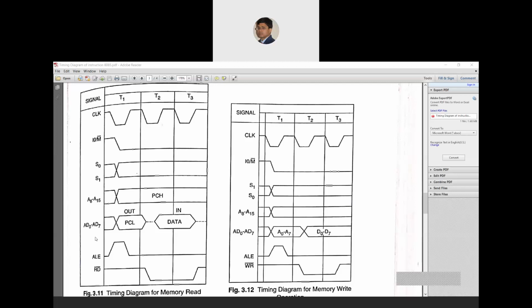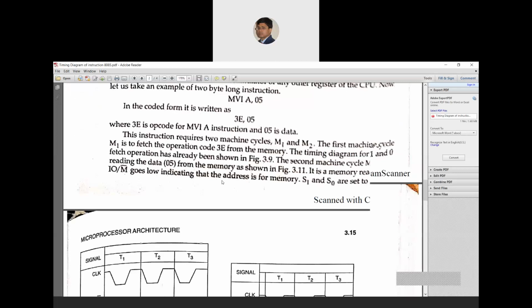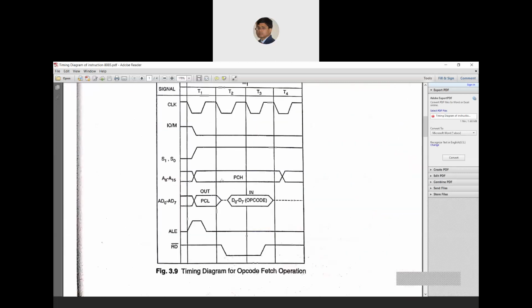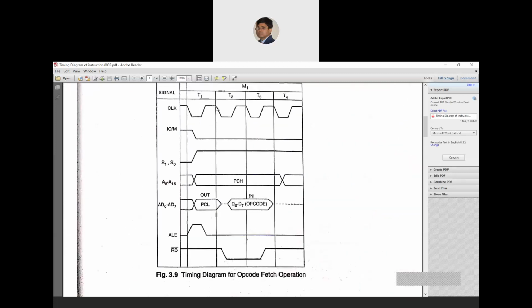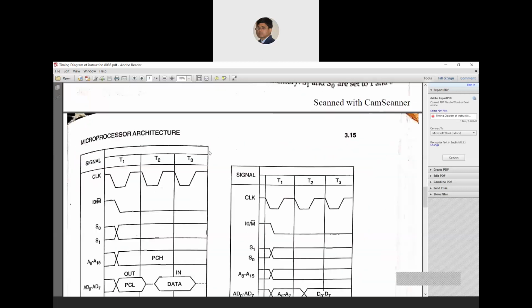To compare, let's look at the previous figure. You can see that the clock is always the same, and IO/M is also the same for both operations.